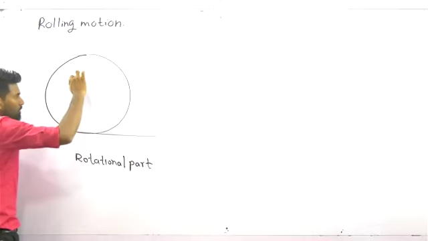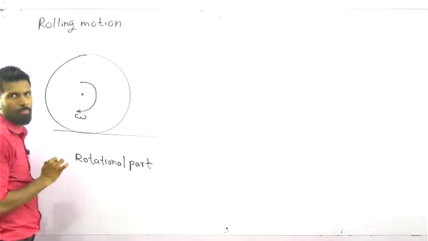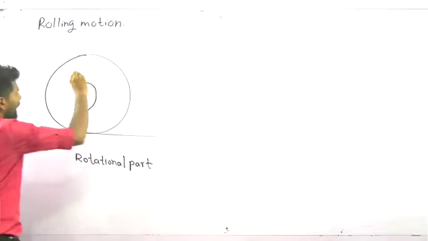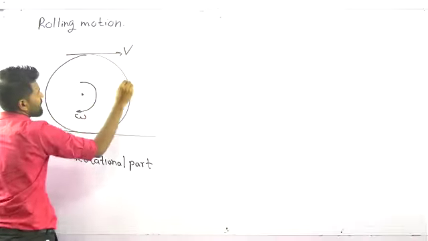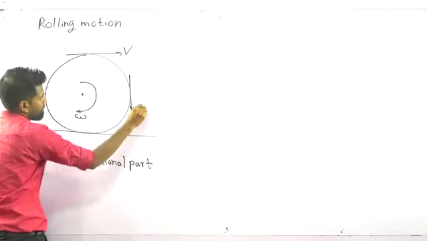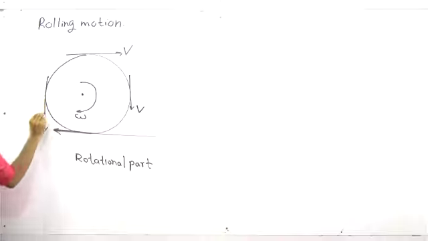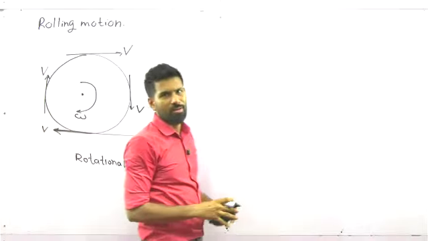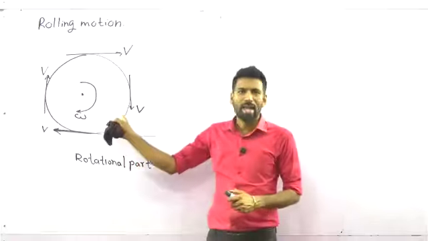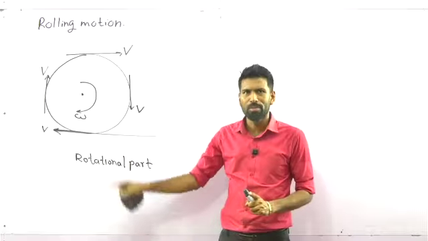In the rotational part, to rotate, angular velocity omega is essential. And due to the angular velocity, tangential velocities V will be produced. And tell me another thing. For the rotation, angular velocity is essential. Tangential velocities are there as marked.